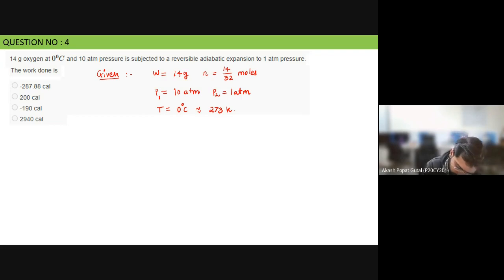We know that O2 is a diatomic gas, so for a diatomic gas gamma is equal to 1.4. Fine. And we know P1 and P2.